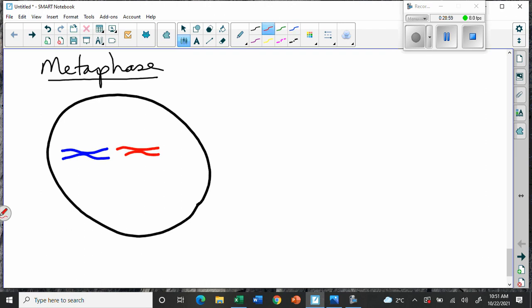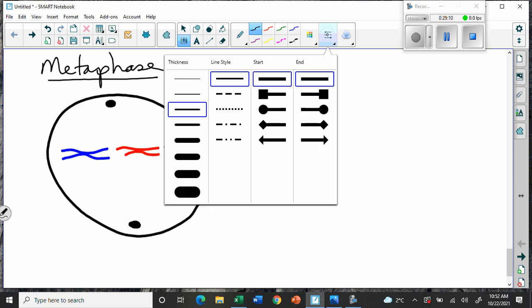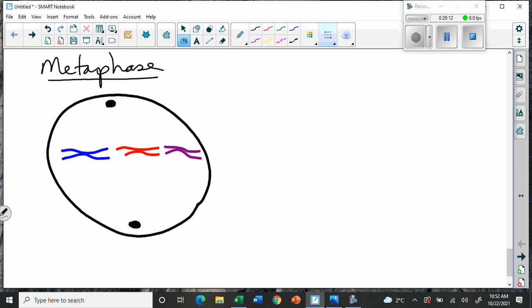And they line up here in the middle like this. And then you have the centrosomes on either end of the cell. And what you have are these little spindle fibers that have grown all the way out and are attaching like this to this side. And then they're also growing out and attaching to this side like this.